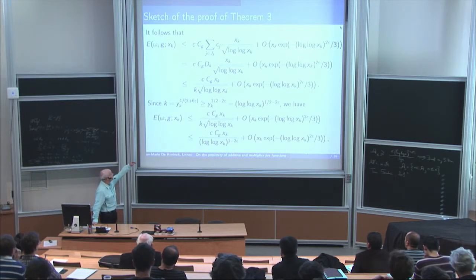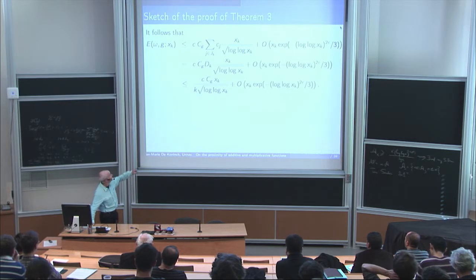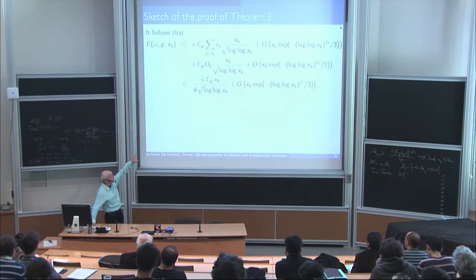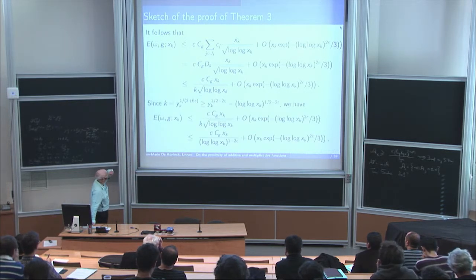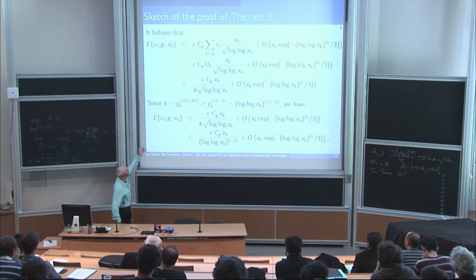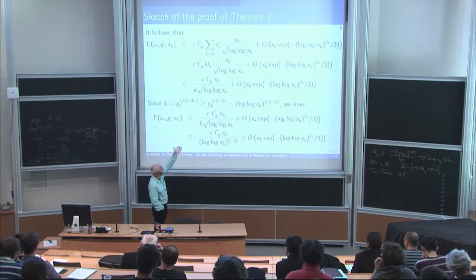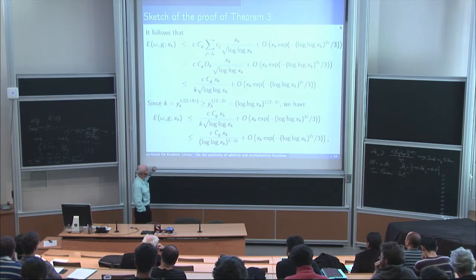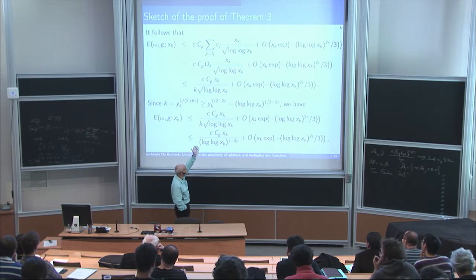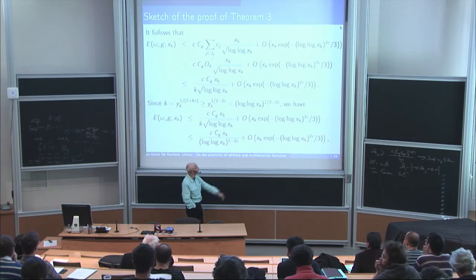Now we want to replace the k there. This k at the denominator, we want to get rid of it. So what was it? Remember, yk was k to the 2 plus 6 epsilon. So I have k equal to that, and then it's bigger or equal to yk to the 1/2 minus 2 epsilon. It's not too hard to prove. And then yk, remember I took xk to be e to the yk, so yk is log xk.